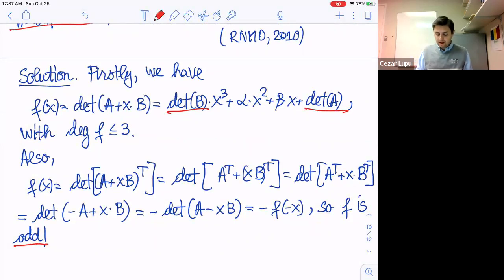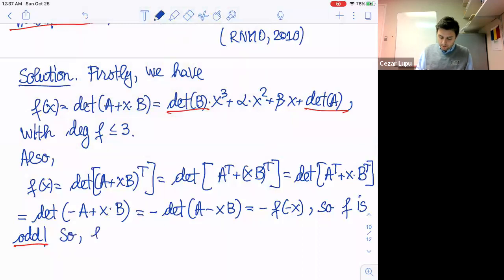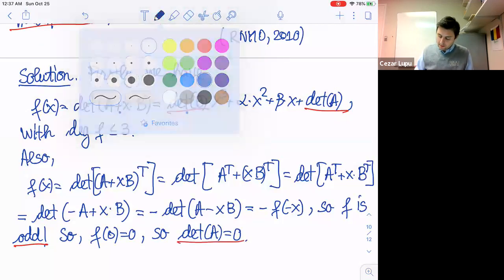So this implies that f of 0 is 0. So f of 0, the determinant of A, is 0. All right, so we have this information, again, very important information.